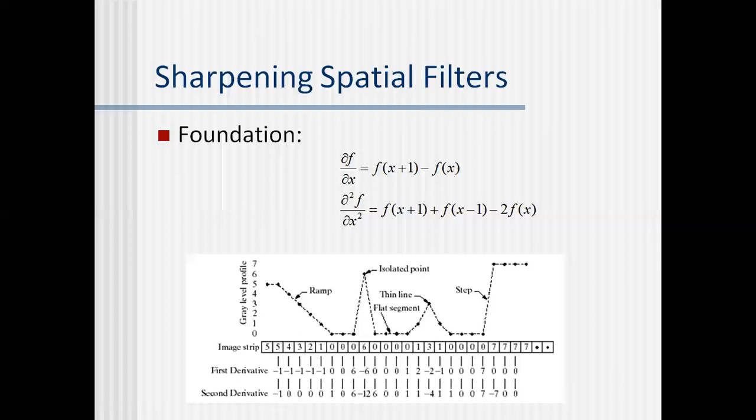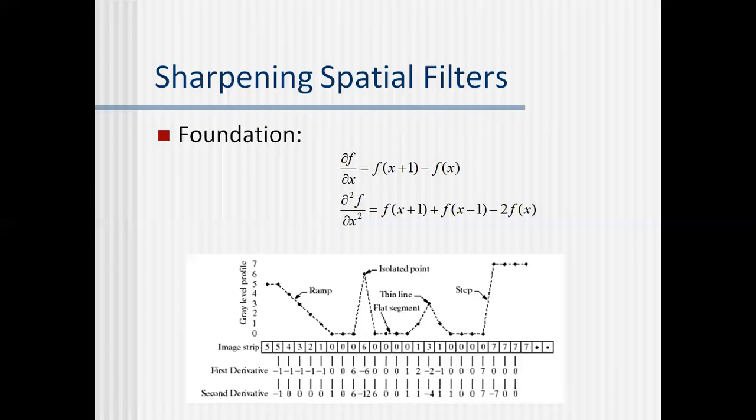Remember only 3 points regarding the sharpening of the filters for first order differentiation and second order differentiation also. For the first order differentiation, the first point is the derivative must be 0 for any constant gray levels or flat segments. Second one is must be non-zero at the onset of the ramp or the step. Third one must be non-zero along ramps.